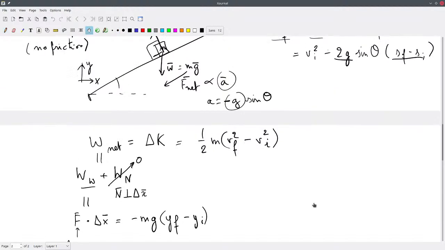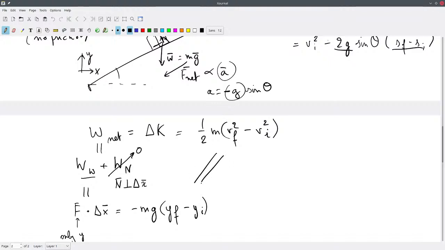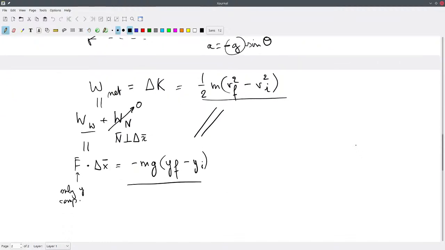So if we put this all together, the change in kinetic energy has to be identical to the net work done by the force of gravity, by the weight. And so we can put everything together here. We'll see that 1/2 m (v final squared minus v initial squared) is equal to minus mg (y final minus y initial).